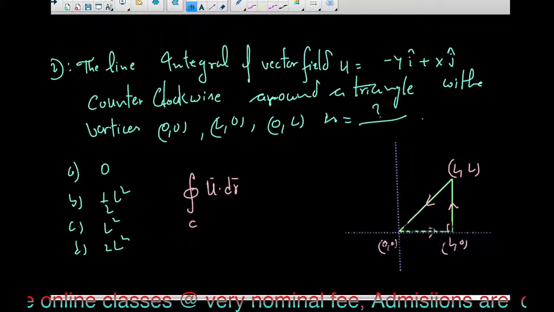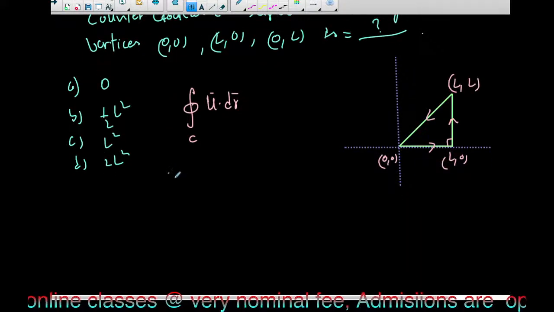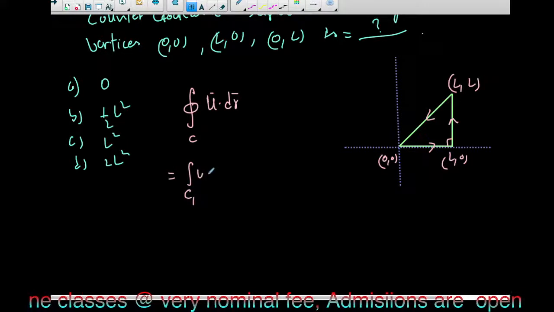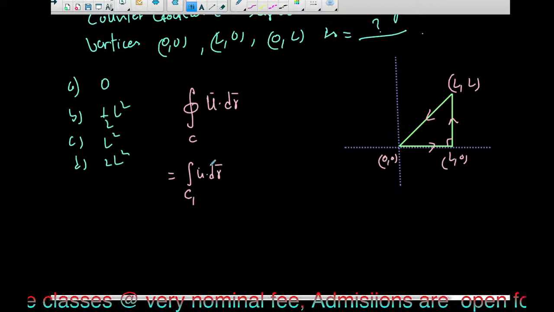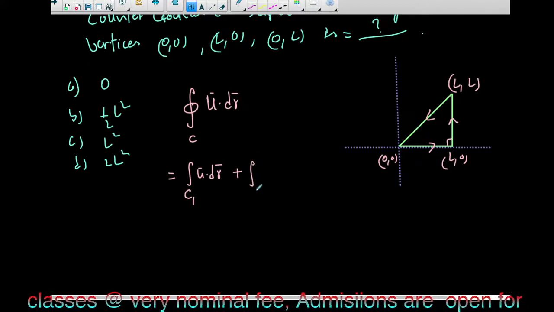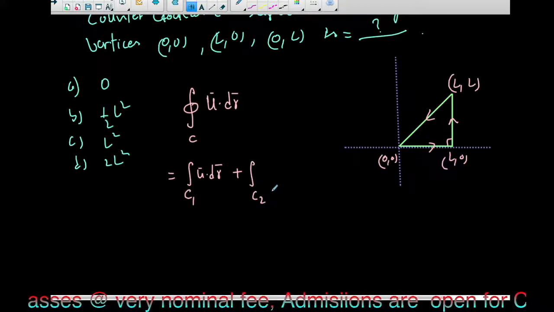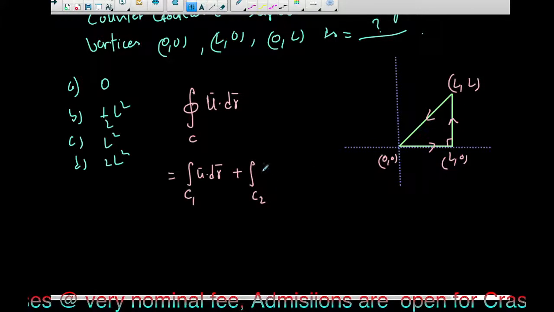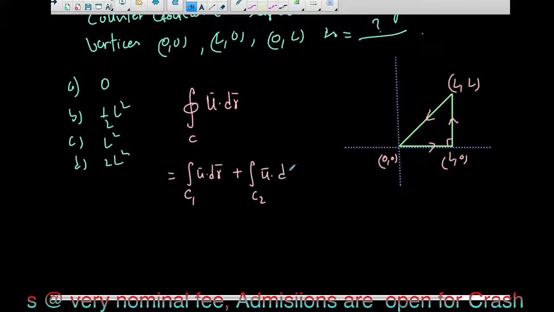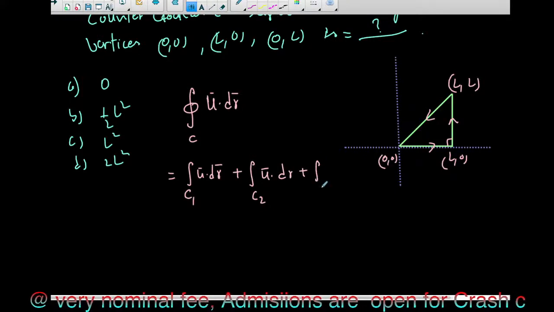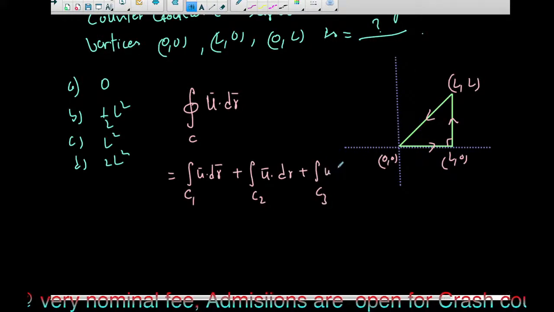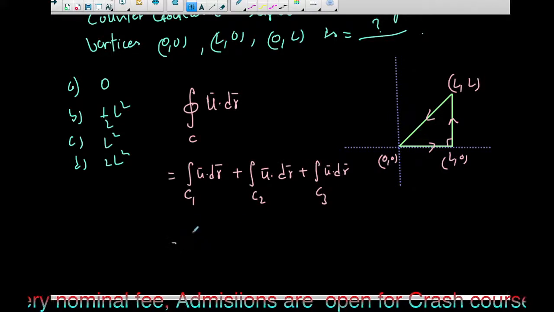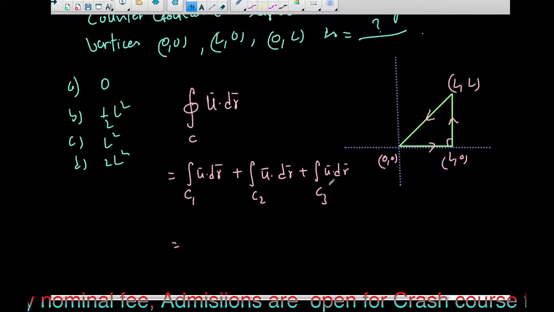As this curve is around this triangle, we can write it as the integral over C1 of u dot dr, plus over C2, plus over C3. There are three segments. Hope you're getting it. C1 is this, C2 is this, C3 is this.